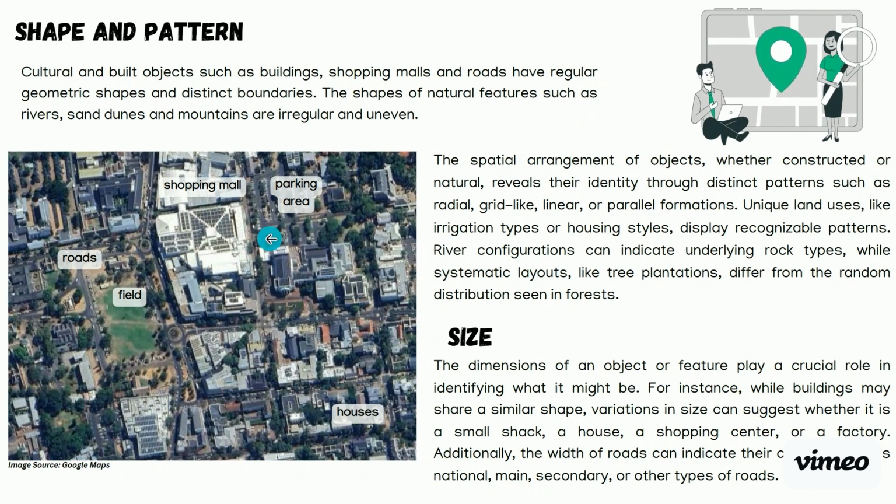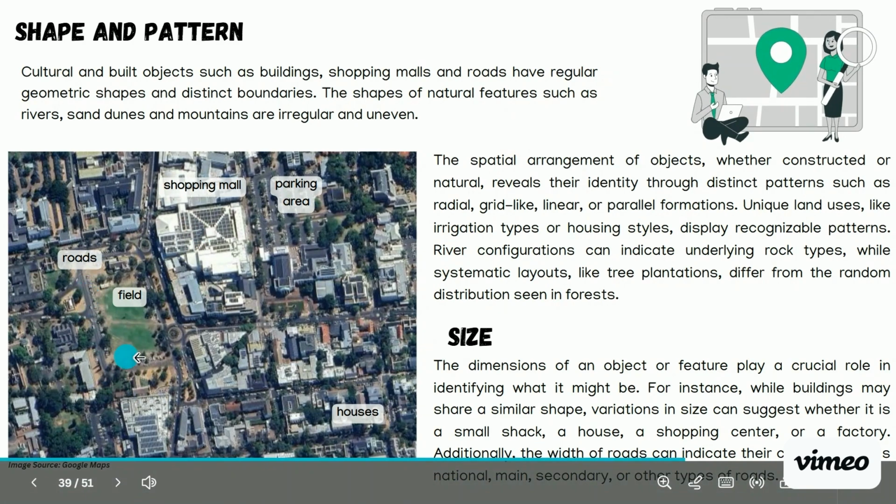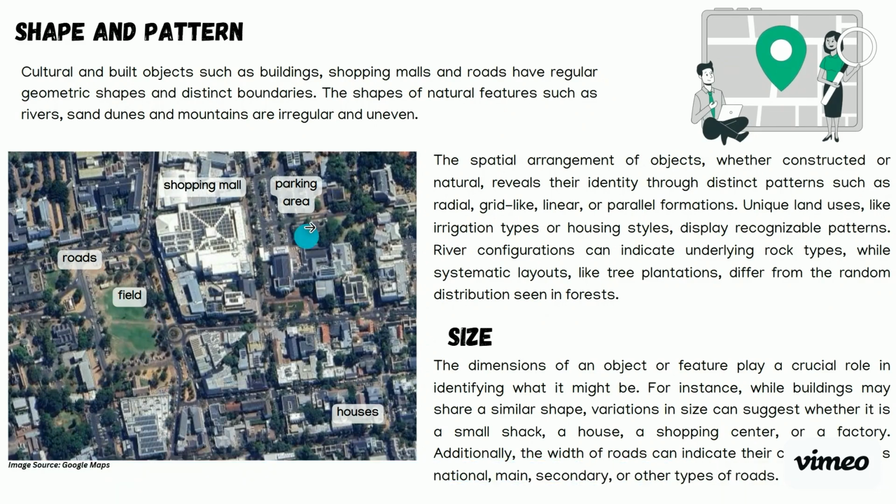So for example, if you look at the picture, you can see that this is a very large building, which indicates it could be a shopping mall. And roads, you can see on the map, here is an open field and here is a parking area. The spatial arrangement of objects, whether constructed or natural, reveals their identity through distinct patterns such as radial, grid-like, linear, or parallel formations.